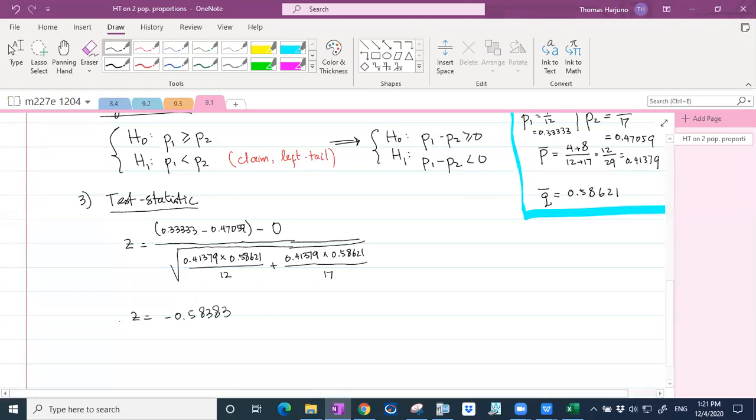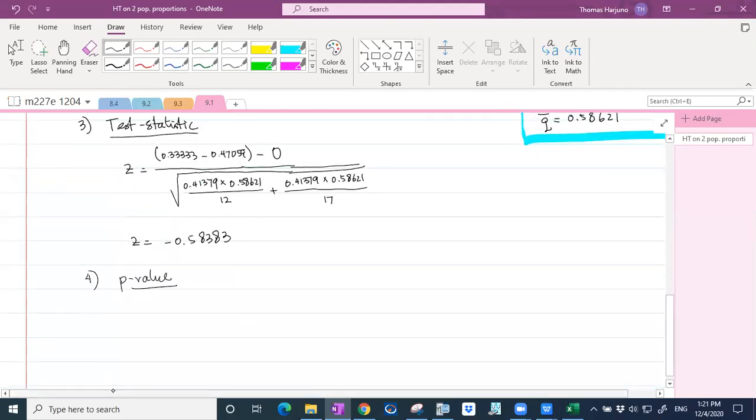And step 4, p-value. That's a left-tail test, right? The Z-score is on the left-hand side because it's negative. So my p-value is normal CDF. Let me find the area here.